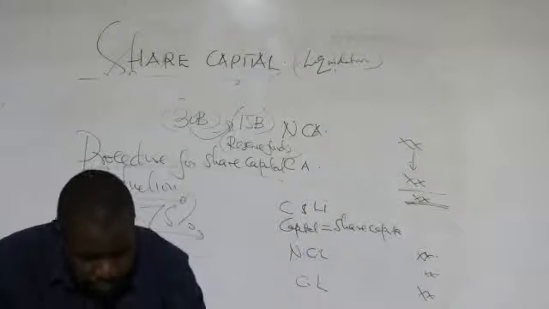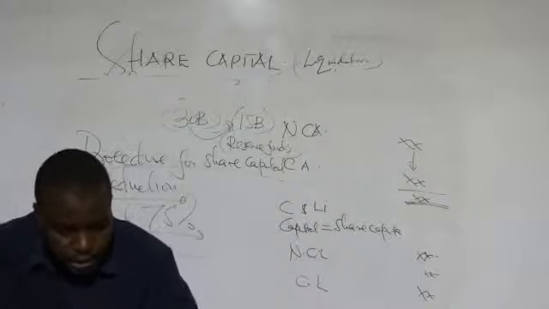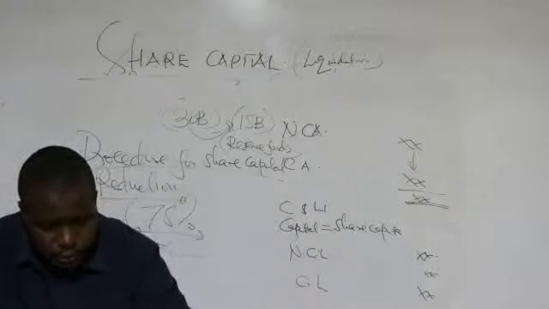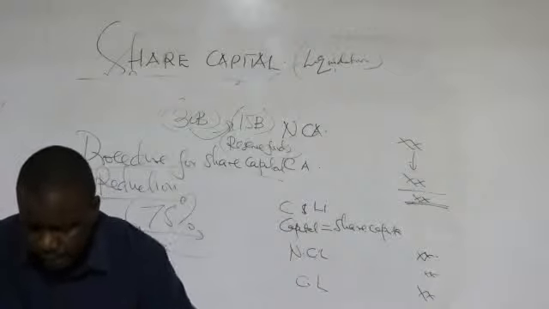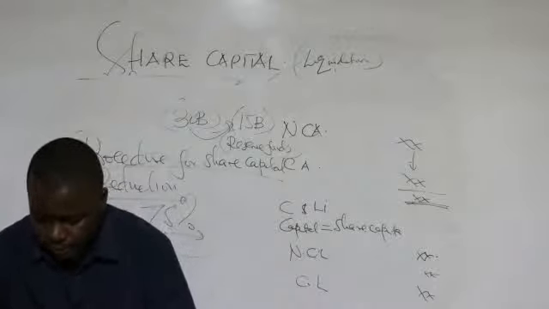So this means that the company is actually a bit stable. It can now take the risk of issuing shares even at a discount, because it can get other sources of funds to be able to cover for the discount. So if not less than a year has elapsed since the company was entitled to commence business.